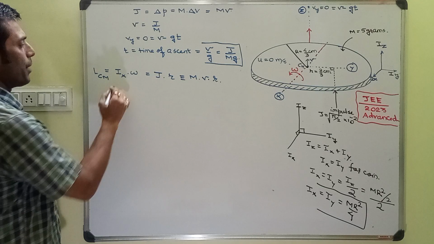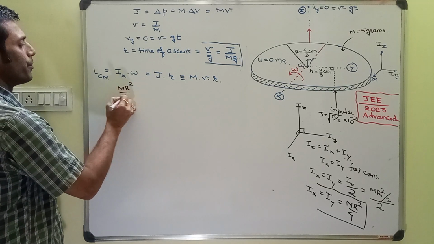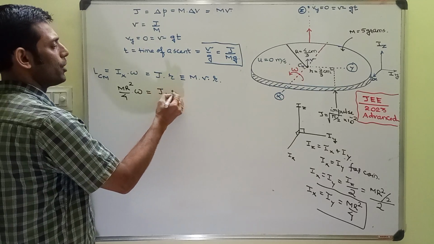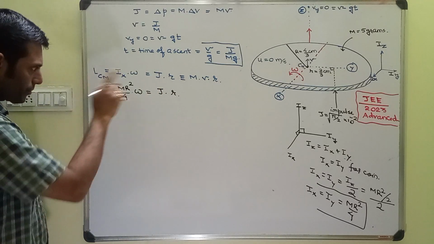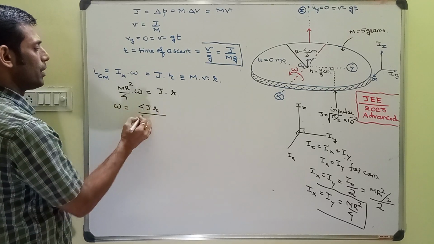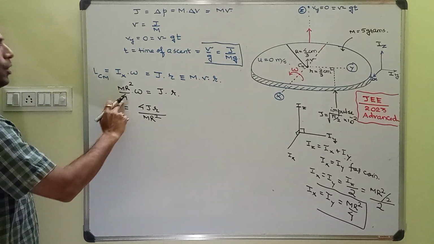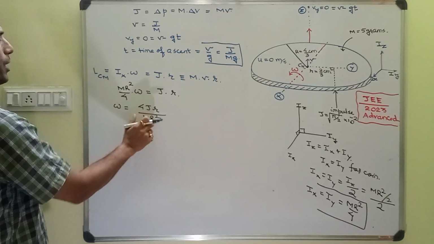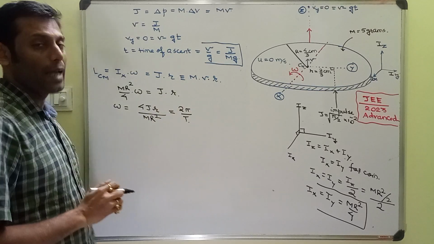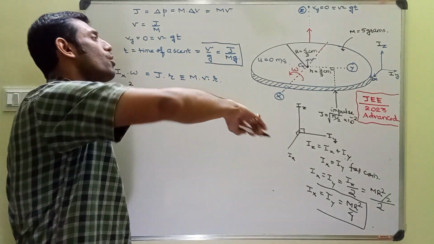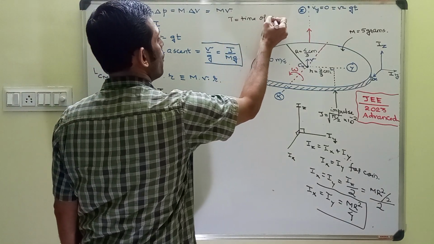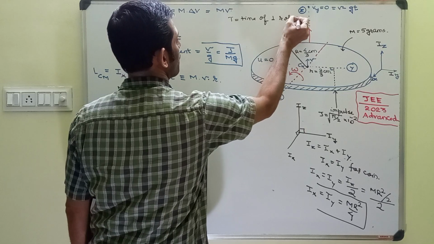Therefore, mr square by 4 into omega is equal to, let's say, j into r. And this gives us omega is equal to 4jr by mr square. This is basically 2 pi by capital T, where capital T is the time period of one rotation, to be noted, T equal to time of one rotation.